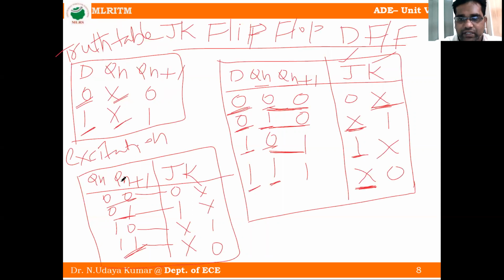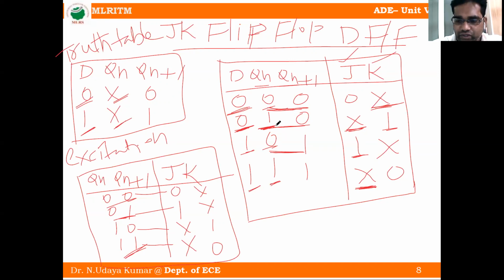Second, how will we get 1? If D is equal to 0 and Qn is equal to 1, at that time we will get 1 here.